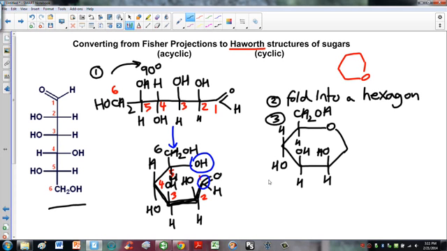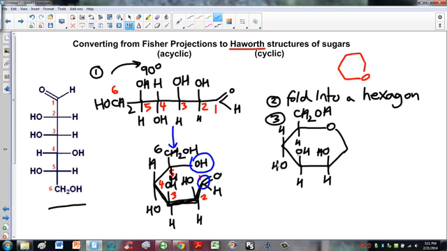All right. Now, what's important about these two carbons here is when I join these two together, I'm losing the hydrogen from this oxygen, and it's actually going onto this carbon.